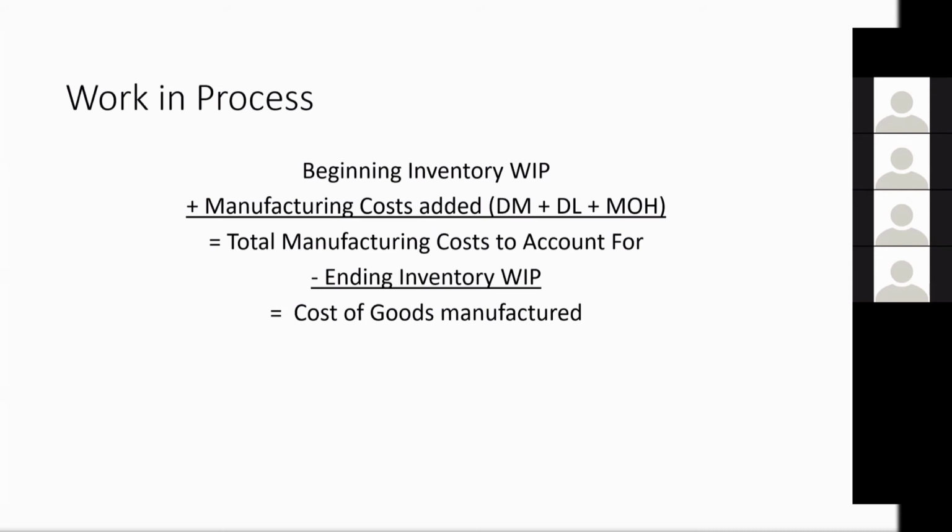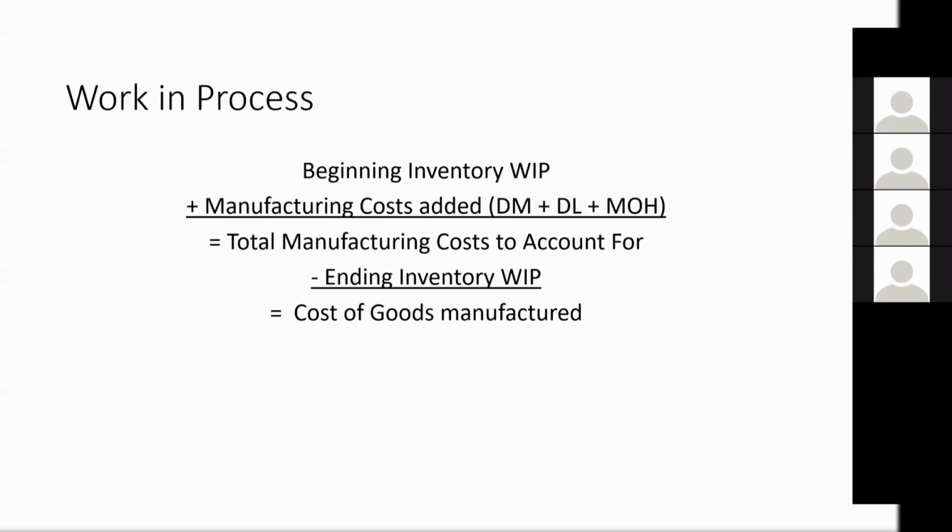So let's assume we have 15 wedding cakes partially completed at the beginning of the month with a total cost of $150. During the month, we add direct materials cost of $250, direct labor cost of $575, and manufacturing overhead cost of $175. That would give us total costs added of $1,000.